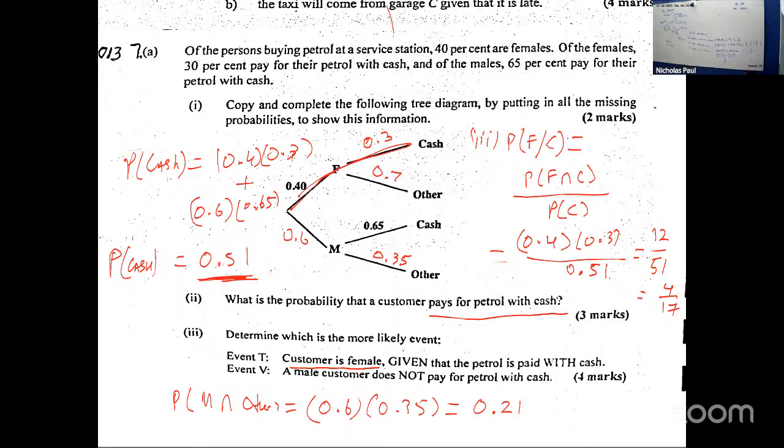So which is more likely? 0.21 or, wait, what is 4 divided by 17? So which is more likely? A female using cash, right?